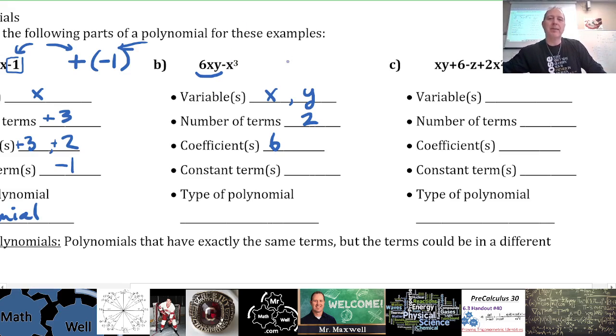This, minus x cubed is what you would say here. This is the same as -1 times x cubed. So technically, our coefficient here would be -1. So coefficients of 6 right here, and technically -1 here.